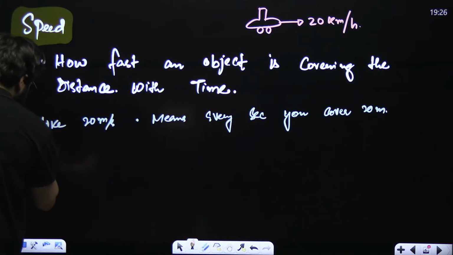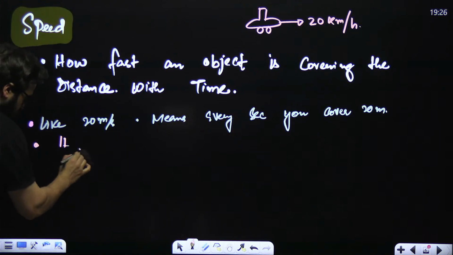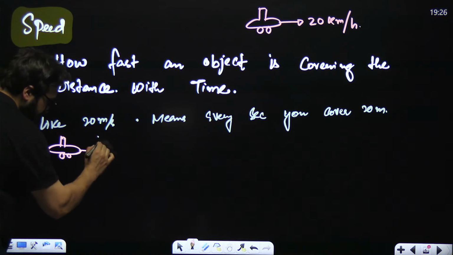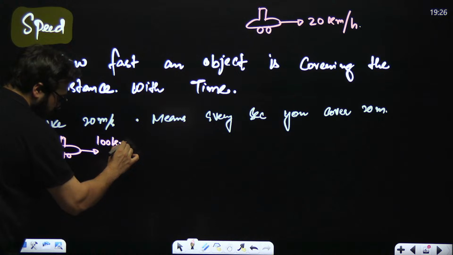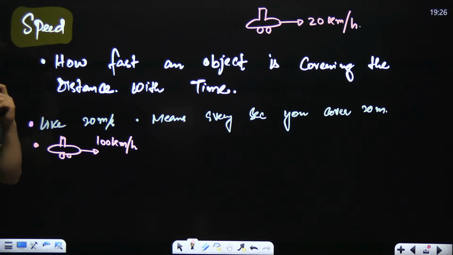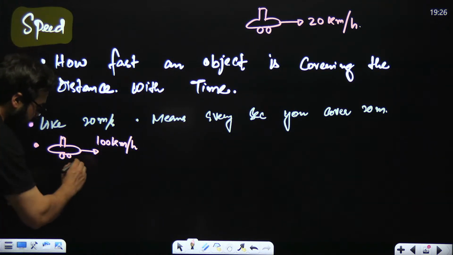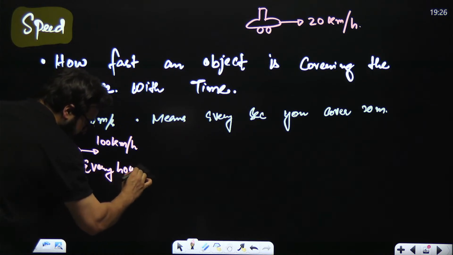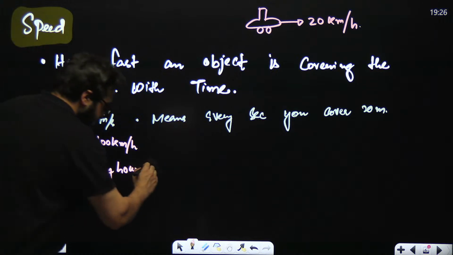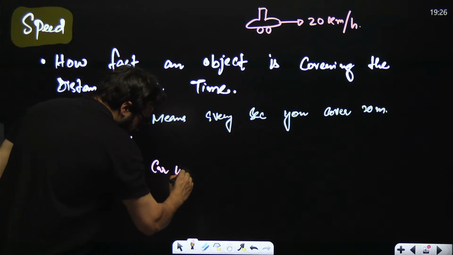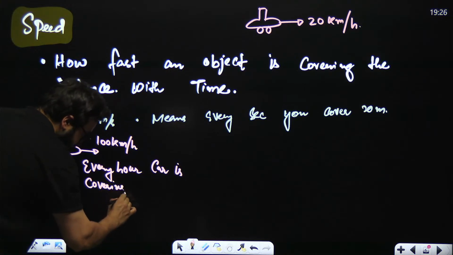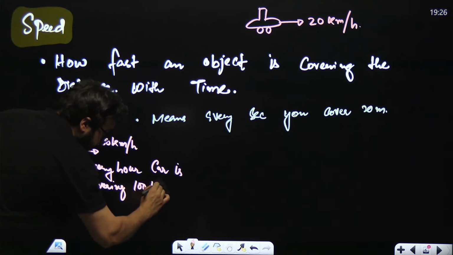Like if I say I have got one more car over here, and this car is moving with 100 kilometers per hour. What does this mean? Every hour, the car is covering 100 kilometers.